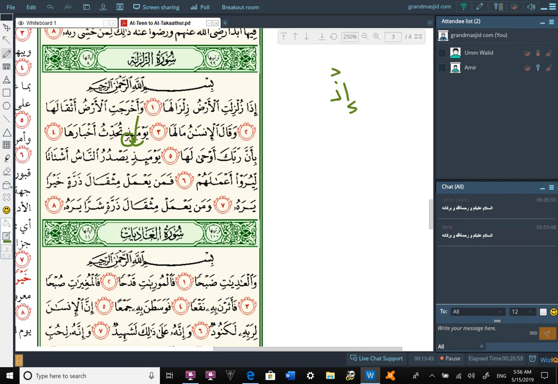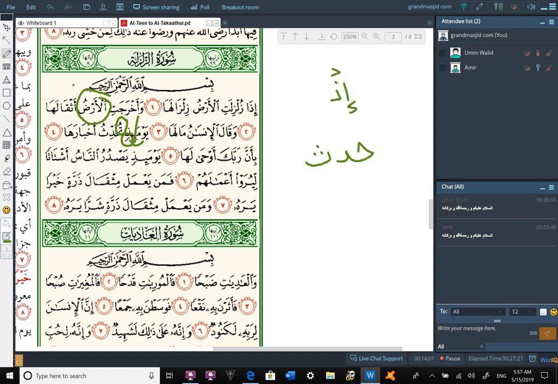Tuhaddithu, from haddatha, yuhaddithu, form 2 of ha, dal, tha. Right? Meaning to talk. And it's feminine here, meaning hiya, she, because the earth, as we said, is a feminine word.